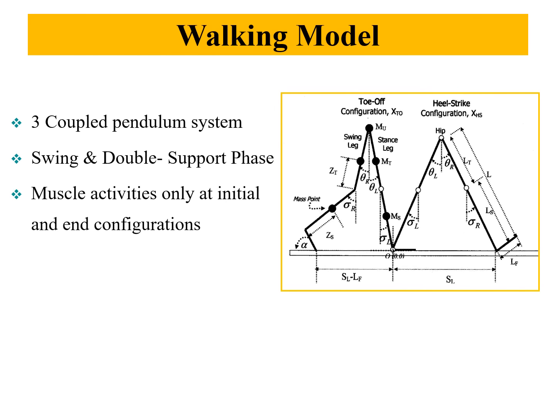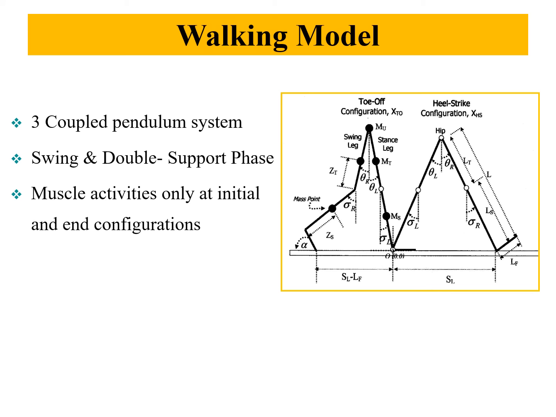Now we have three coupled pendulum systems, so 3 segments, and we have a swing and double support phase. The swing phase is when the leg is in the air, and double support is when you have both legs touching the ground. Muscle activity is only initiated at the beginning and the end of the configuration, and that's the beauty of walking.